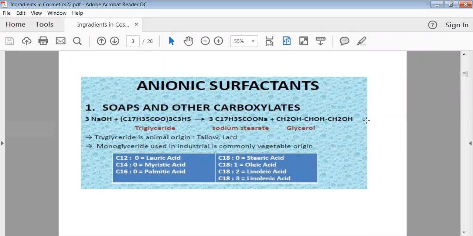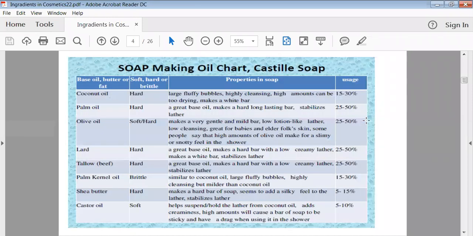Examples of this category are lauric acid, myristic acid, palmitic acid. Then some other examples I have shown here, that is based on the oil-based type of surfactants. We can say coconut oil, palm oil, olive oil, lard. So they are basically hard in nature and they are used in various kinds of preparations.